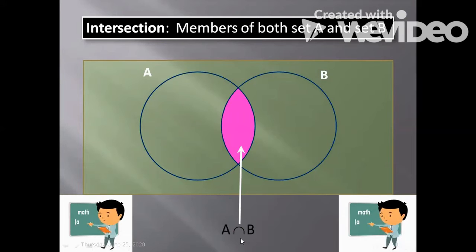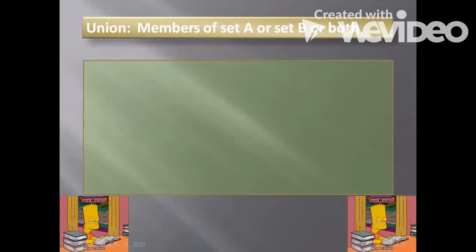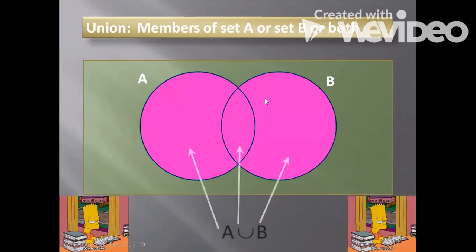It's like an N, but it's not really an N. And this shaded region represents A intersect B. We also have union. A union B is basically everything, meaning either in A or B.